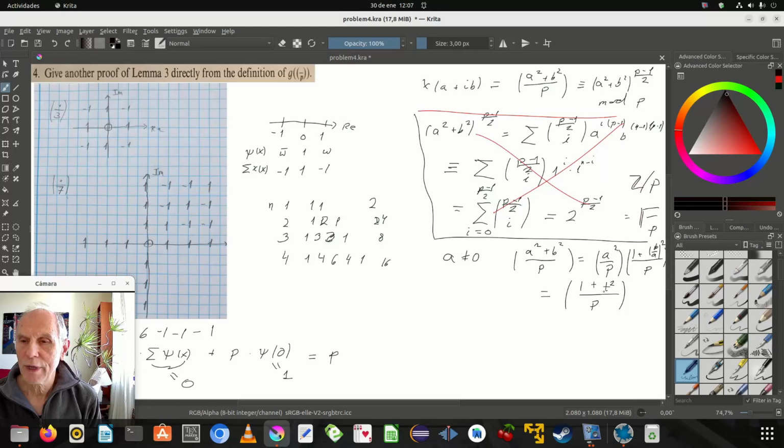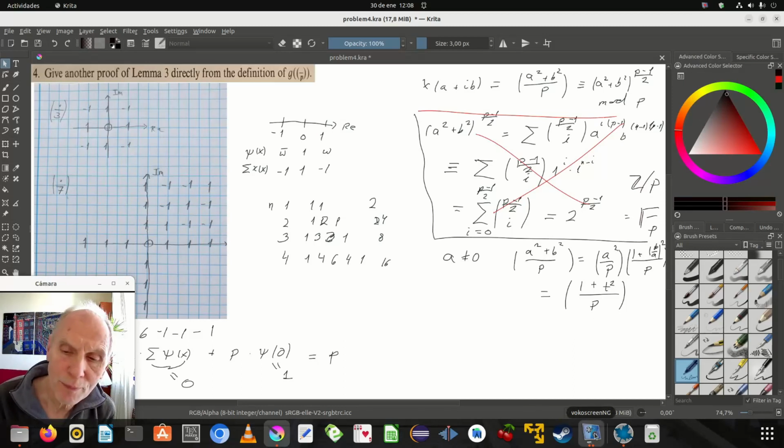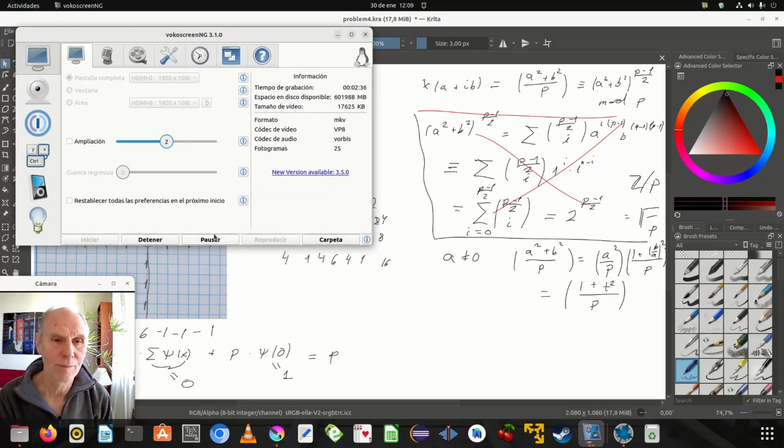And t squared, if we take the whole column, runs through all of the squares. But it does so for whatever a is. It must run through all the squares. And that means that this sum is independent of a.